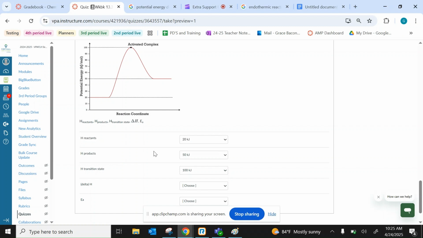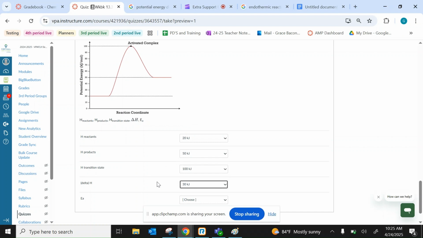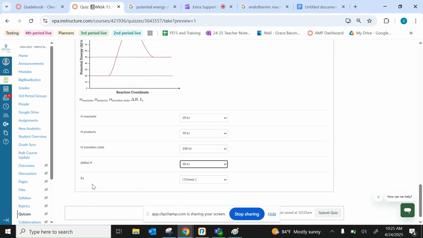So I'm going to do enthalpy of the products, which is 50, minus enthalpy of the reactants, which is 20. So 50 minus 20 gives me 30 kilojoules. That's a positive number. So that's the other way I can tell that delta H came out positive, which means this is endothermic.